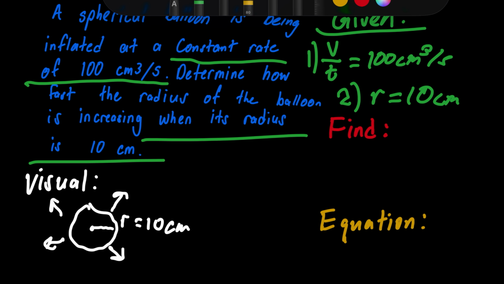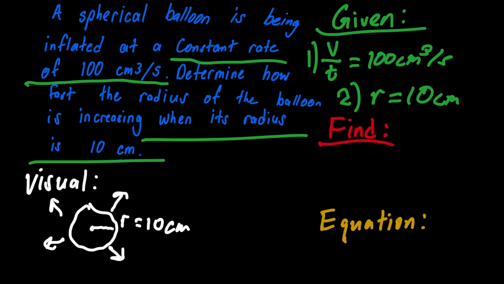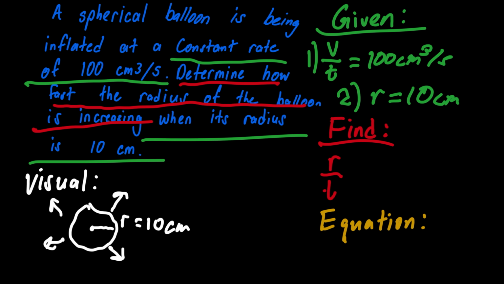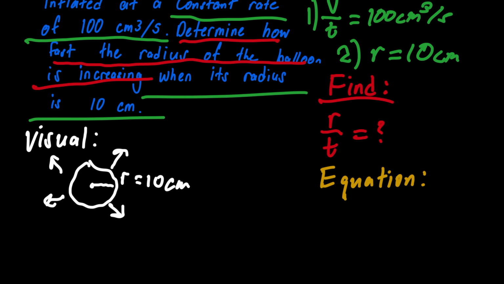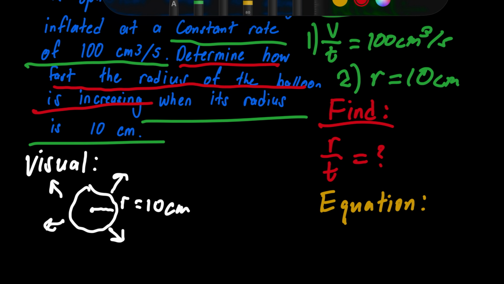Let's see what we're trying to find. What we're trying to find is here: determine how fast the radius of the balloon is increasing. So how fast something is increasing is its rate, right? So we can say we're trying to find the radius over time, right? We're trying to find how quickly the radius is increasing. And now what kind of equation will we use here?